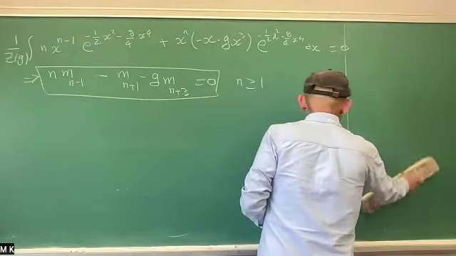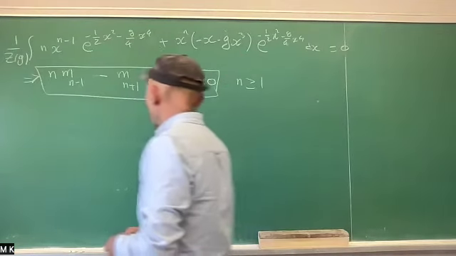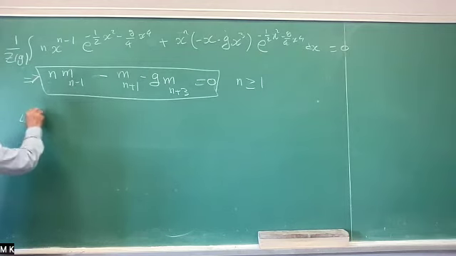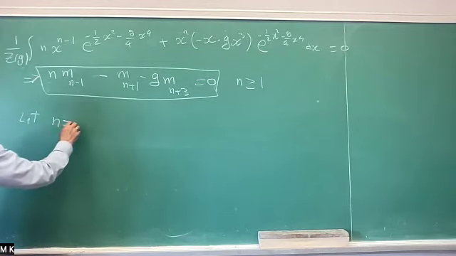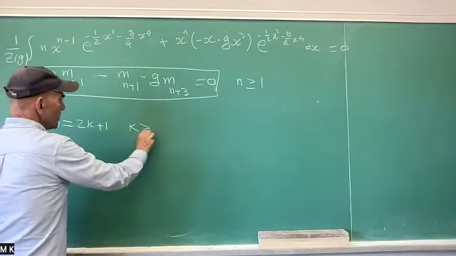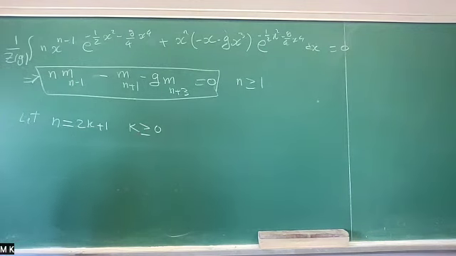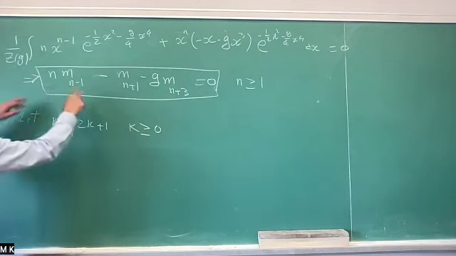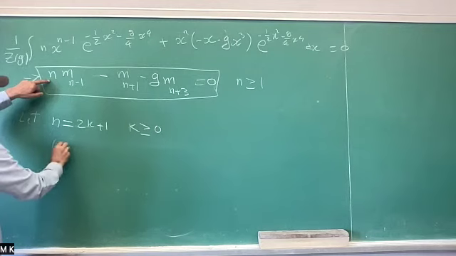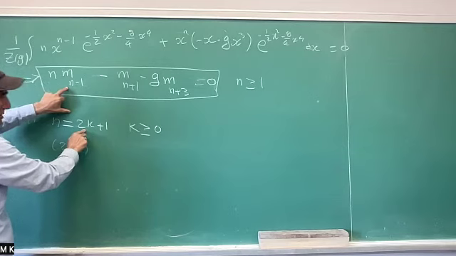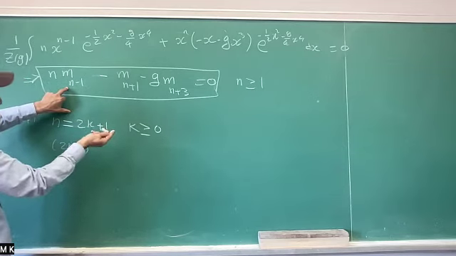Now we can assume, so let n be equal to 2k plus 1, and then k is bigger than or equal to 0. Then I've got here 2k plus 1, right? This is m2k, because the even ones are the only ones that we care about, right?